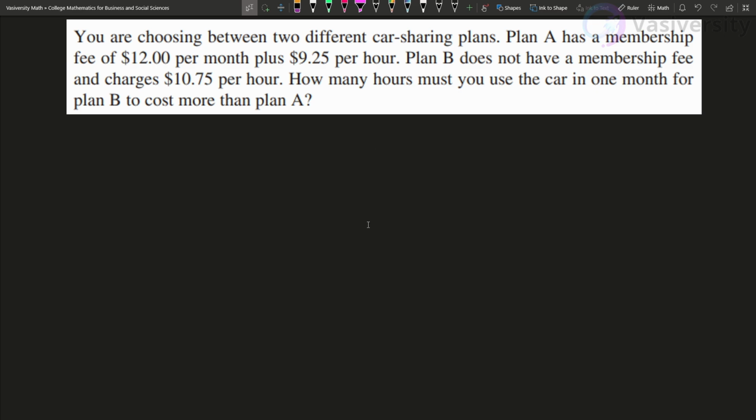Right, so let's make some equations. We want to make sure Plan B is greater than Plan A, right? This is our main question. So let's say our variable here is going to be h, which stands for hours.